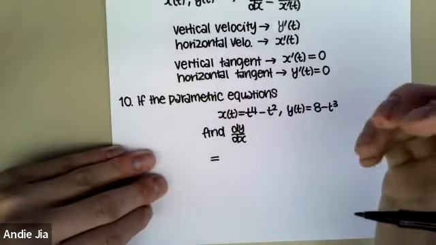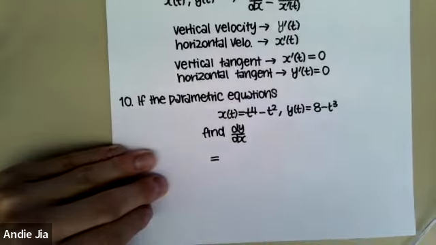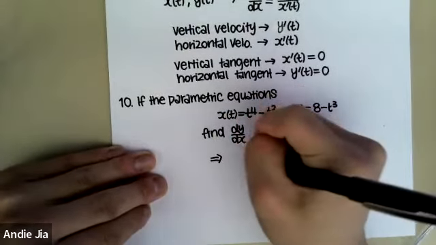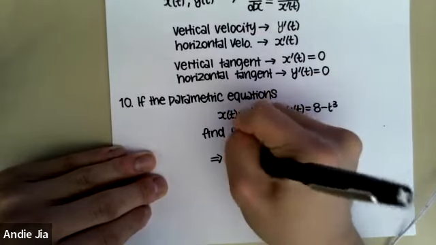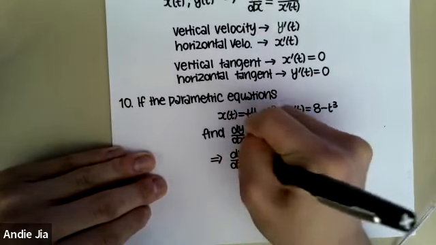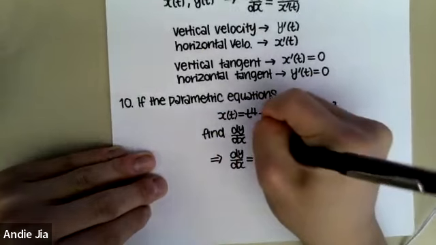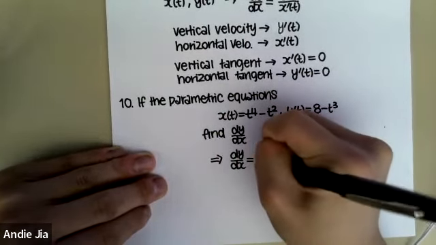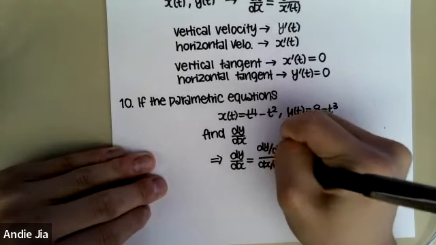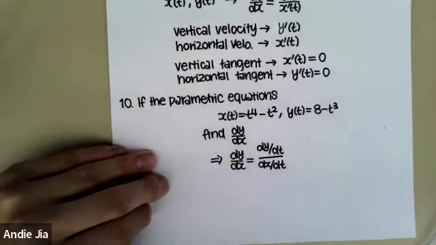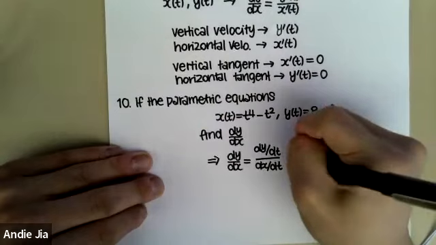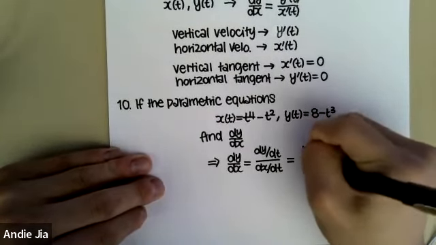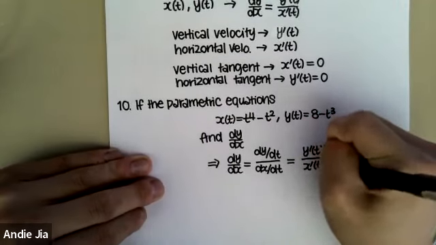So dy dx is basically dy dt over dx dt, so it's y prime of t over x prime of t.